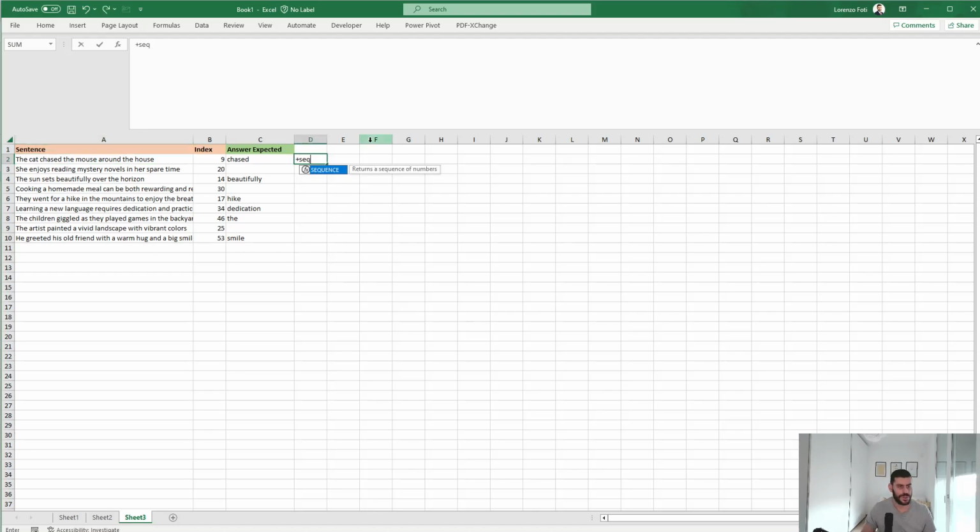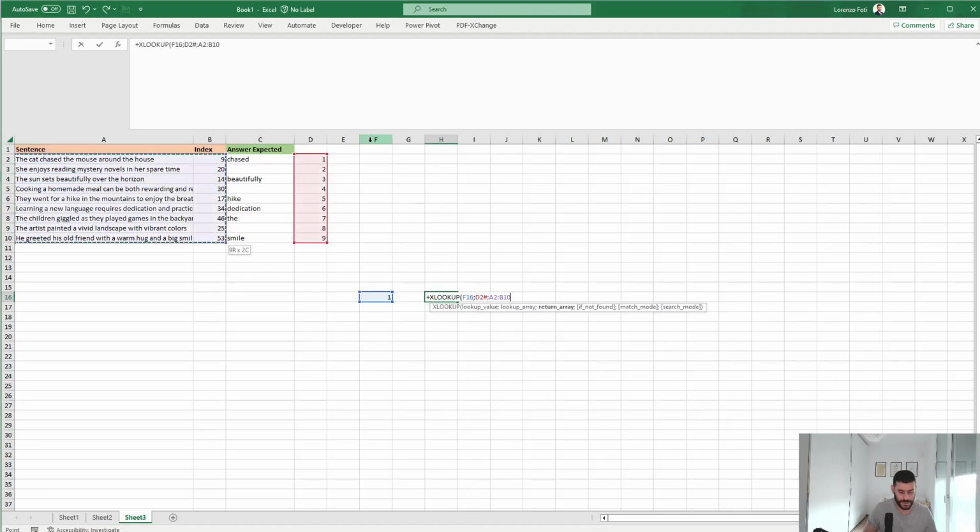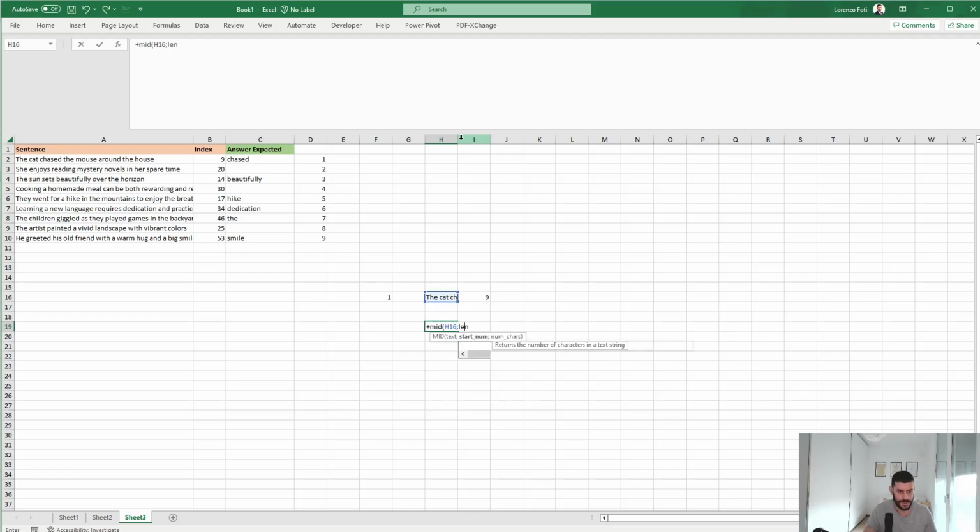So as usual, let's reference this. So XLOOKUP of this here, and I want index and sentence. Okay. So maybe let's split this, sequence of len of this.